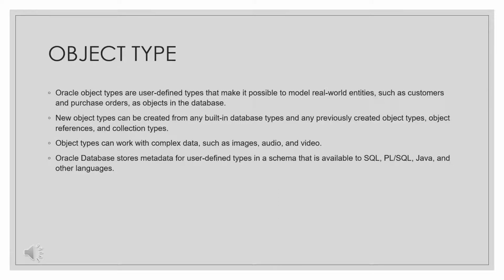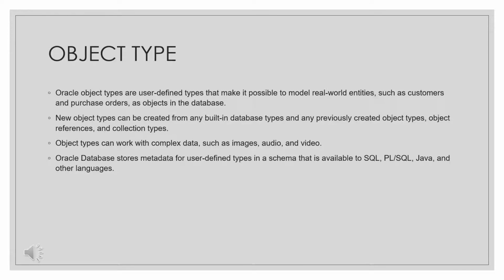New object types can be created from any built-in database types and any previously created object types, object references, and collection types. Object types can work with complex data such as images, audio, and video too. So the Oracle database stores metadata for user-defined types in a schema that is available to SQL, PL/SQL, Java, and other programming languages.